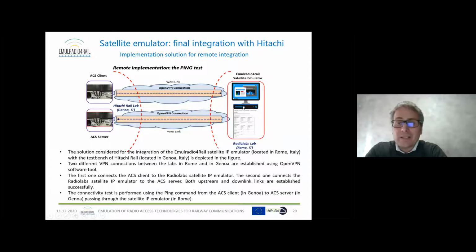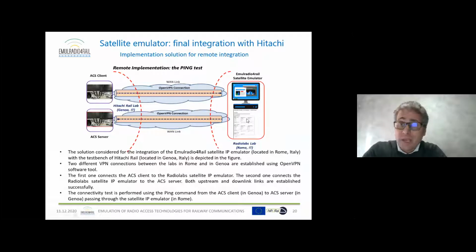Here on the right we can also see the web control interface in the bottom part of this icon, where we set the values of the single paths, the three different paths from the terminal to the application server, the three segments described in the previous slides.